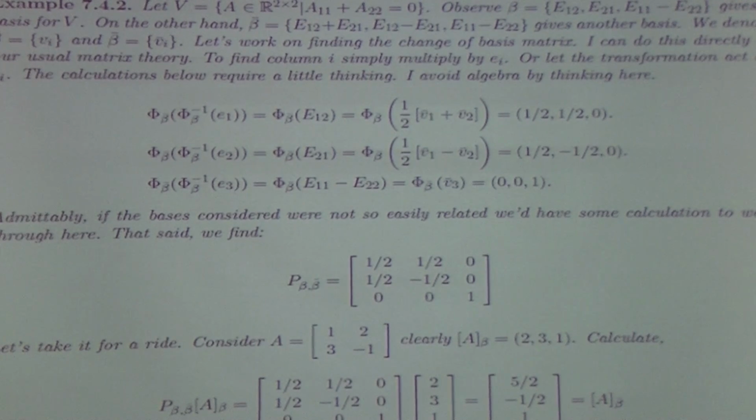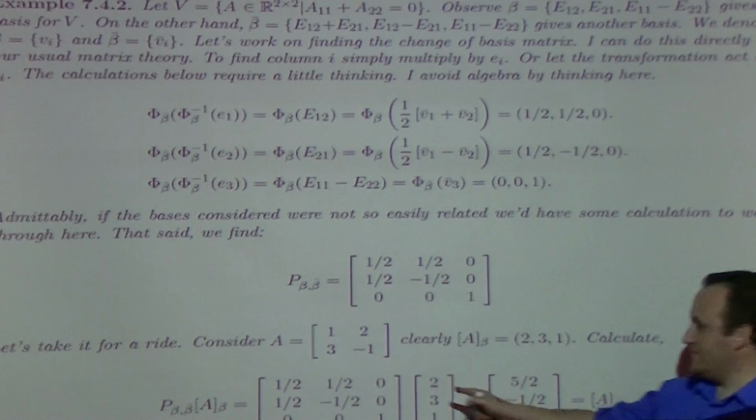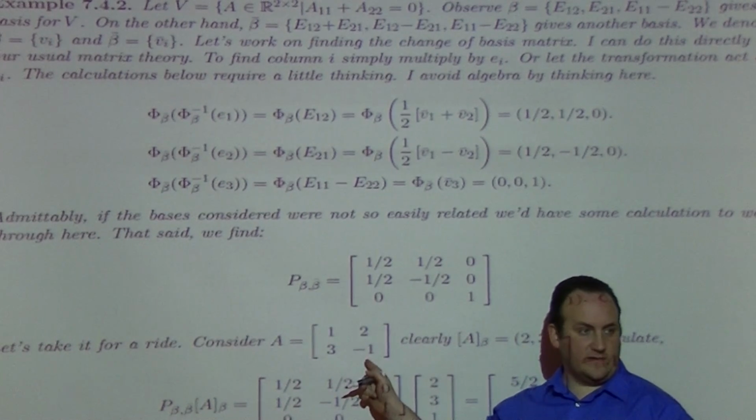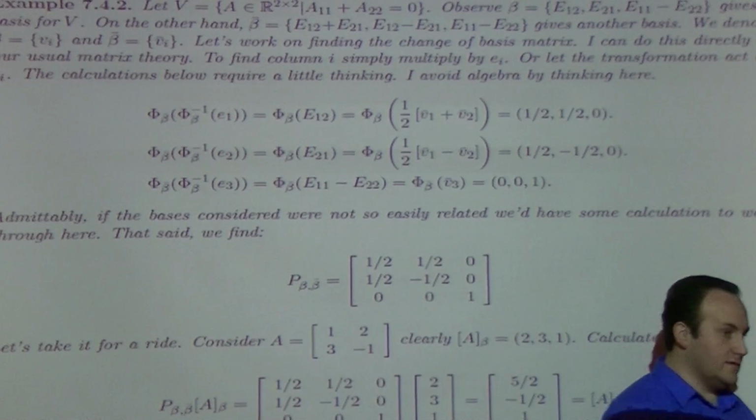E11 minus E22, where it's minus E22. Okay, but E11 minus E22 is this matrix 1, 0, 0, minus 1, right? And I'm telling you that if you look at A, that's the component. I mean, A is just, it's got a 1 and a minus 1, right? So it's one of those things.